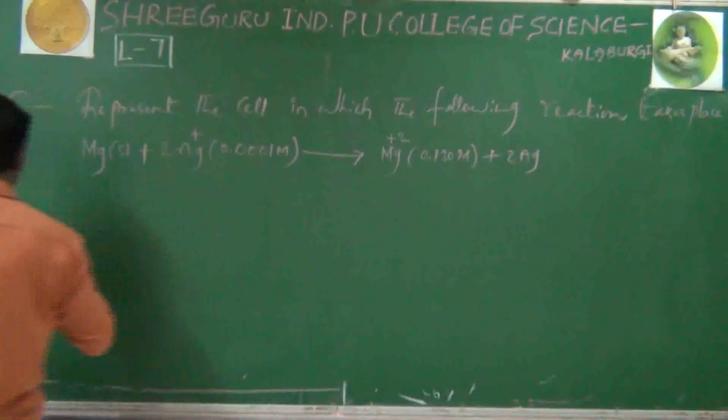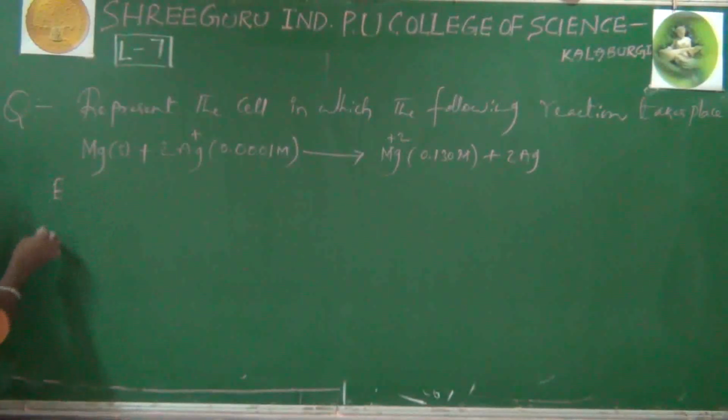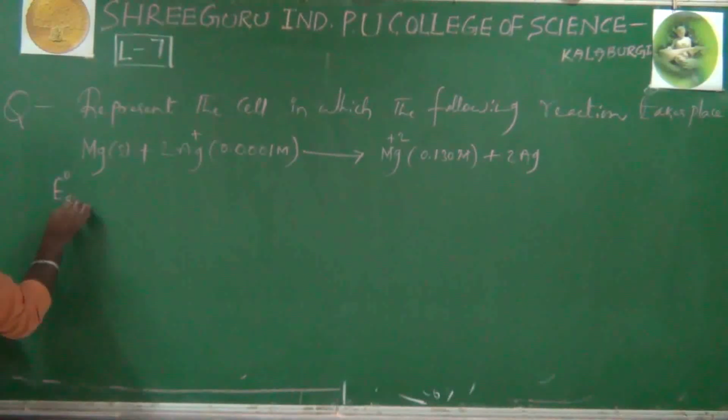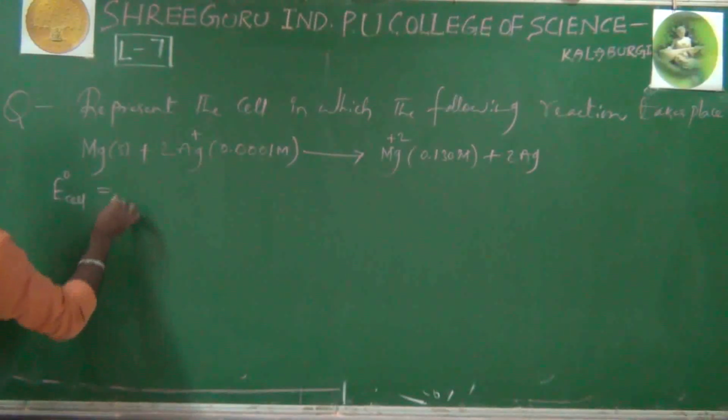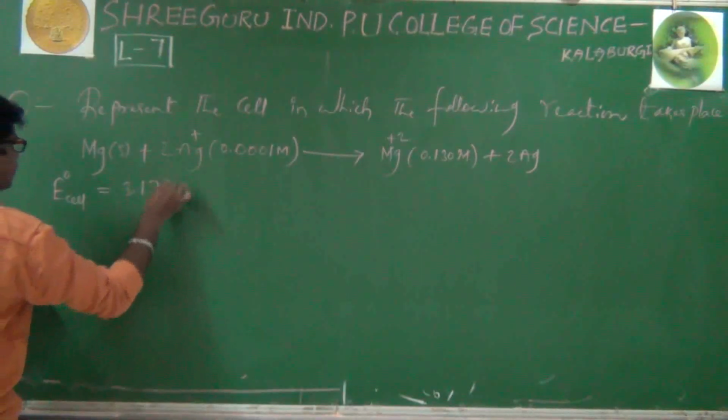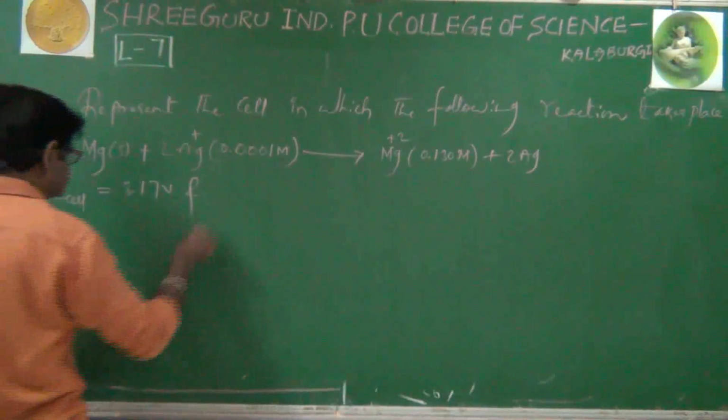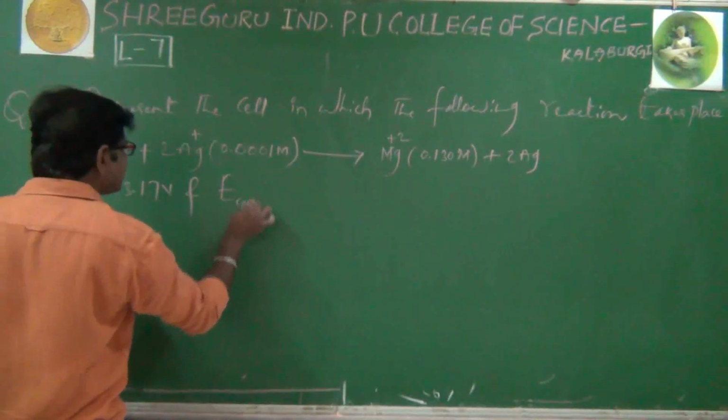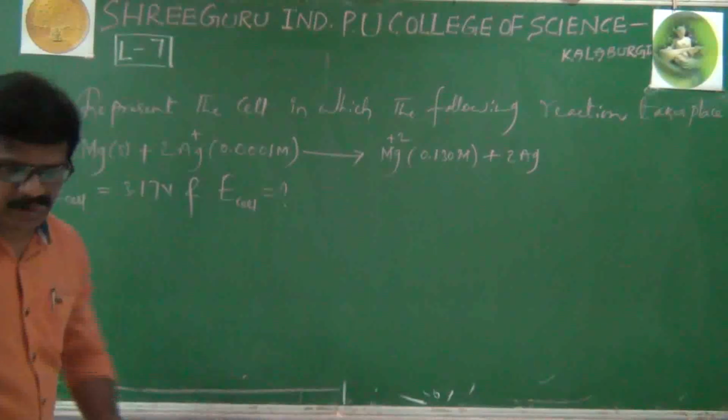Next, E naught cell is given, that is 3.17 volts, and asking the E cell. That's all.